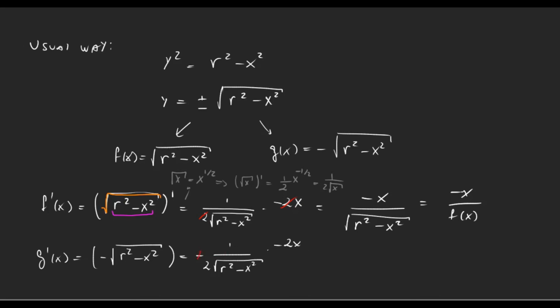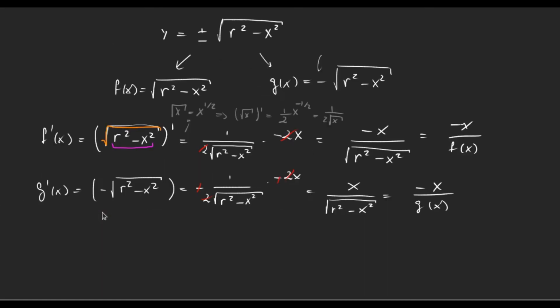So now the minus signs and the 2 cancel out, and we have x over the square root of r squared minus x squared. But now this is minus g, because g has this minus sign over there. So then we can just write this as minus x over g of x.